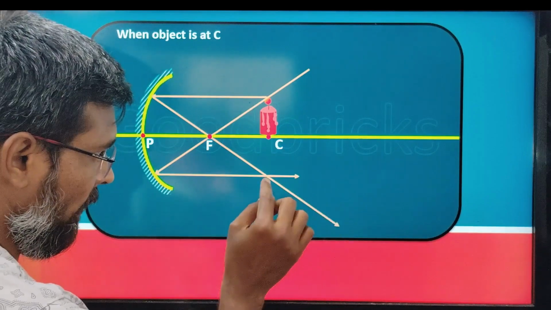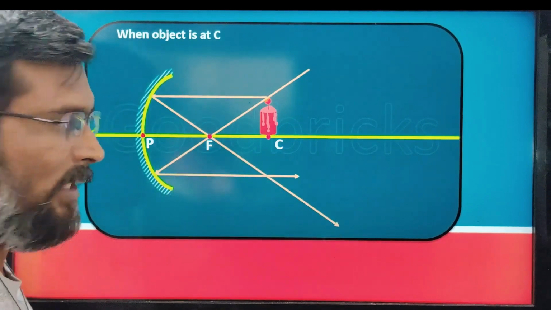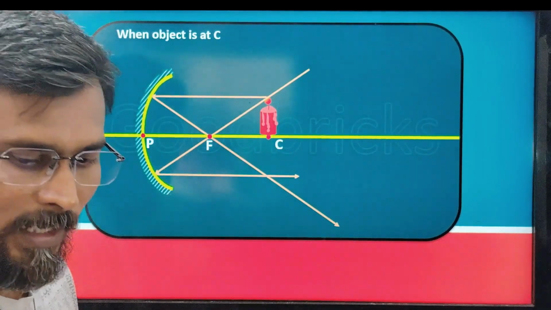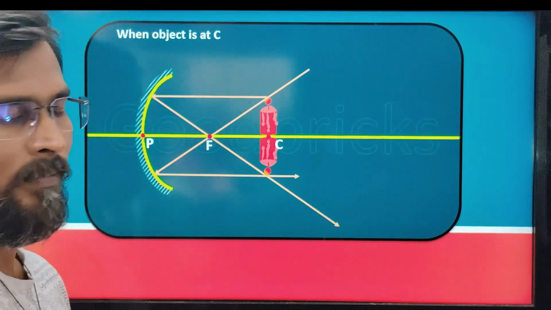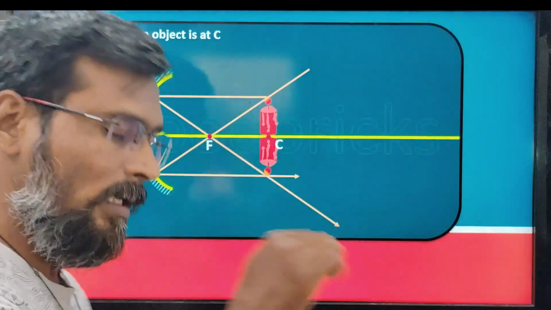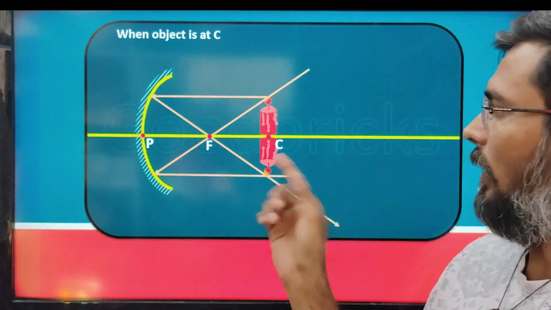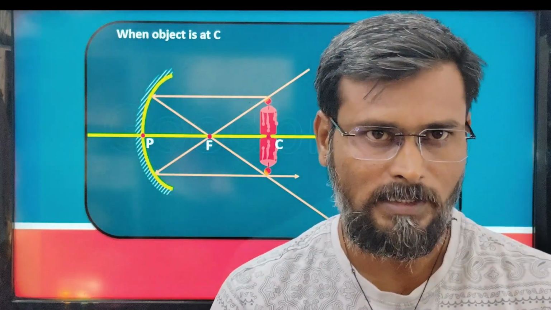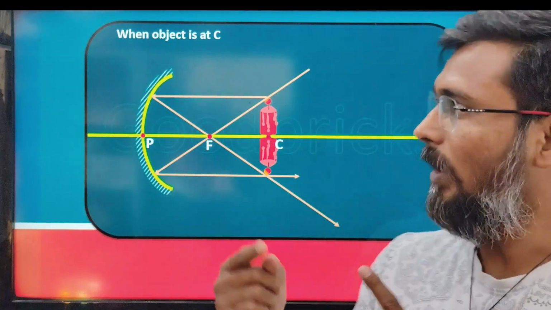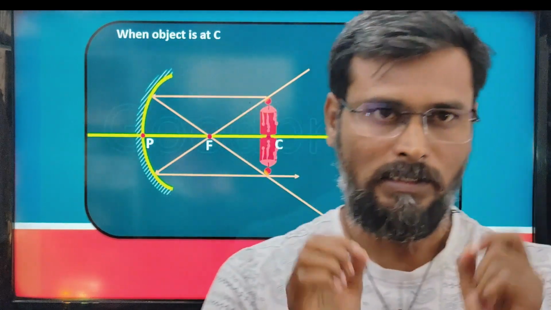And these two reflected rays are converging here. It means the image of this object is formed here and it will be inverted. So when the object is at C, its image is also formed at C, same size, inverted, real. So these are the characteristics, and this is how you need to draw the ray diagram when the object is at C.